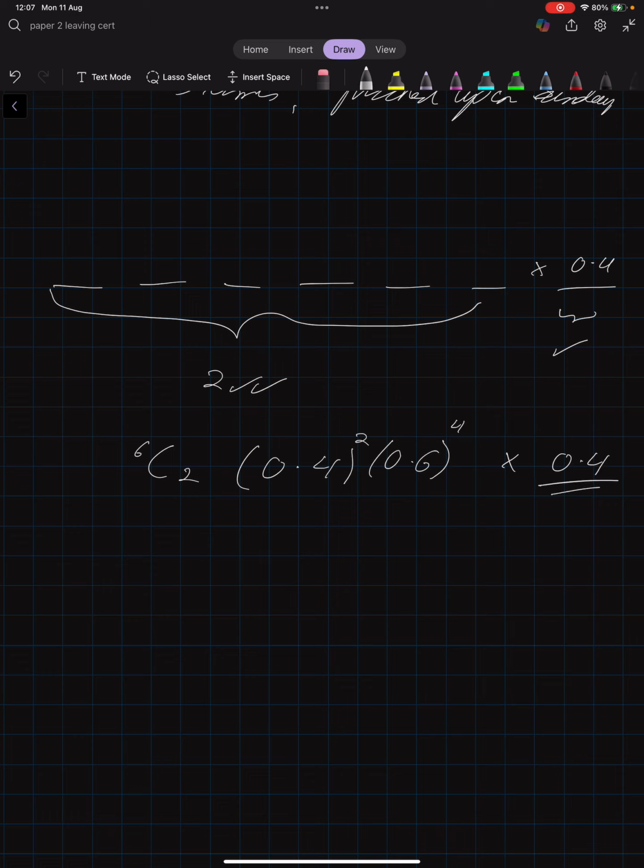Okay? If you plug this into your calculator, you get 6 C2 times 0.4 squared times 0.6 to the power 4 times 0.4. So I end up that this is just going to be 0.124416.